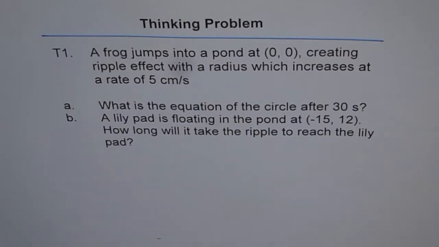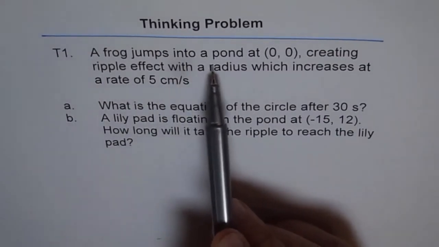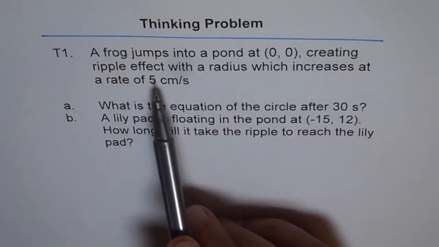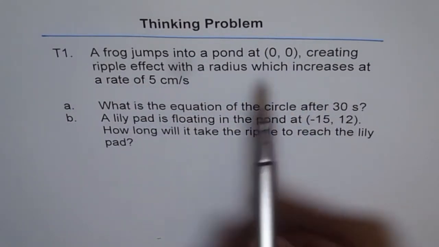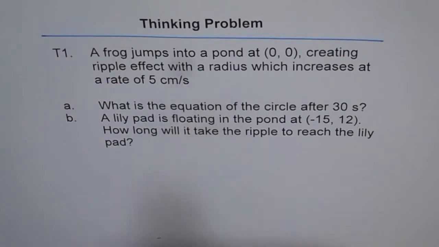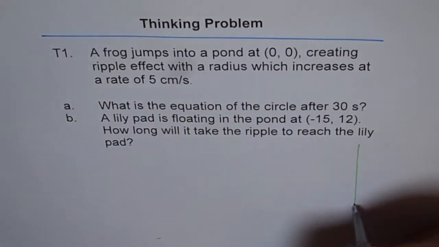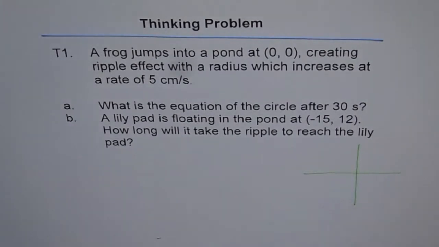Now, first thing is read the problem again. It says, a frog jumps into a pond at 0, 0, creating a ripple effect with radius which increases at the rate of 5 centimeters per second. So think of it like this. Let's say this is a coordinate system, right? 0, 0 means right in the center.